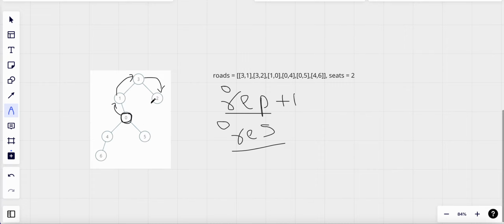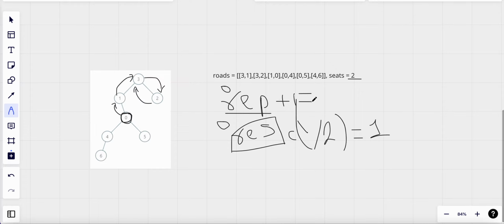For this node to move to the parent node, the fuel cost will be the number of representatives, which is 1, divided by the number of seats, that is 2, and we take the ceiling value, which is equal to 1. So now our result is equal to 1, and the number of representatives here is equal to 1.